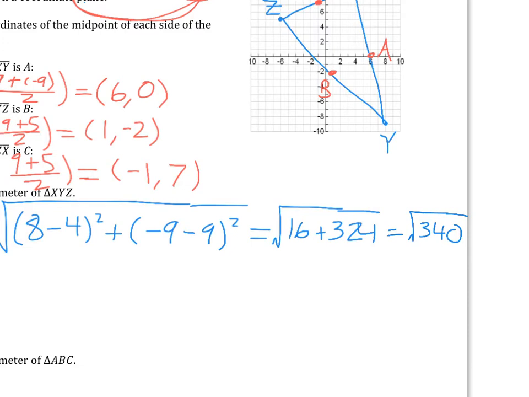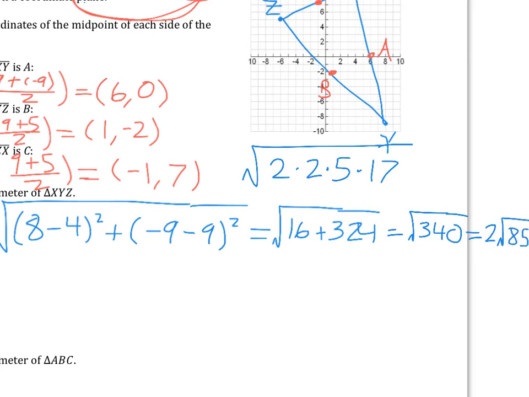If you do a tree on 340, 340 is 34 times 10, and then 10 breaks down to 2 and 5. 34 breaks down to 2 and 17. So if you do a tree on 340, you get 2, 2, 5, and 17, which makes this 2 radical, and then the 5 and 17 stay inside, so that would be radical 85. 2 rad 85 is the first side length.